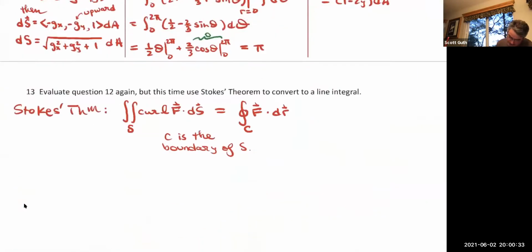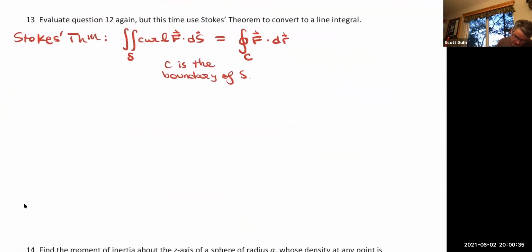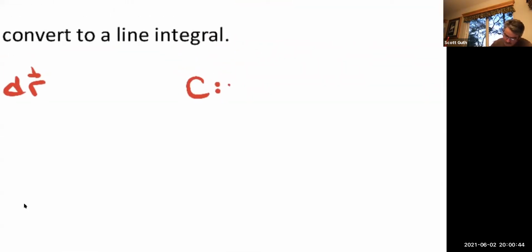So let's go back down here. C is going to be an r of t. It's just a circle of radius 1. So the x coordinate is just cos t. The y coordinate is just sine t.